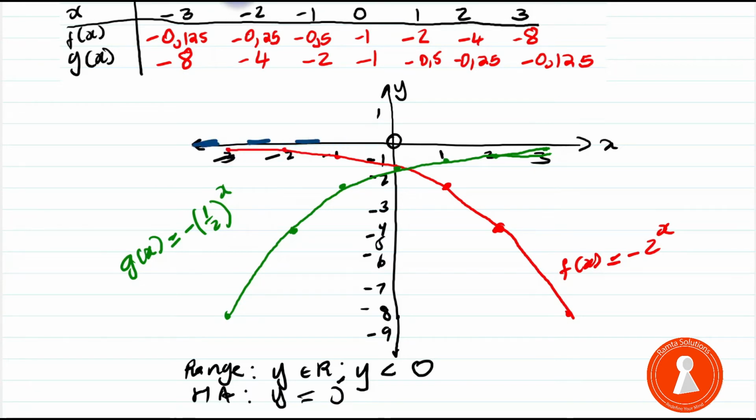Okay, but it doesn't show here. Okay, it's here. As you can see, the graph will never touch this. So this is your horizontal asymptote. Now remember, horizontal asymptote is always y equals q, as was the case with hyperbolas.